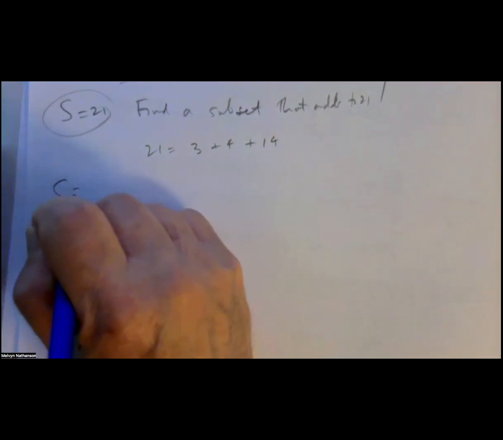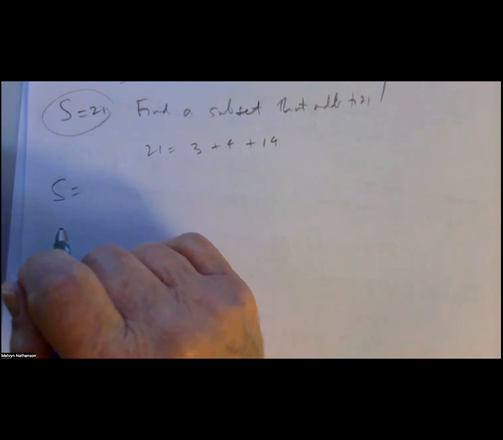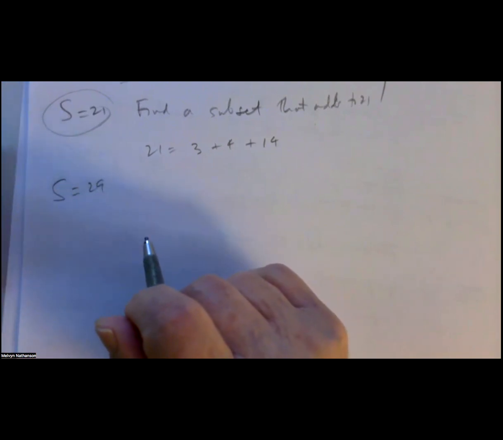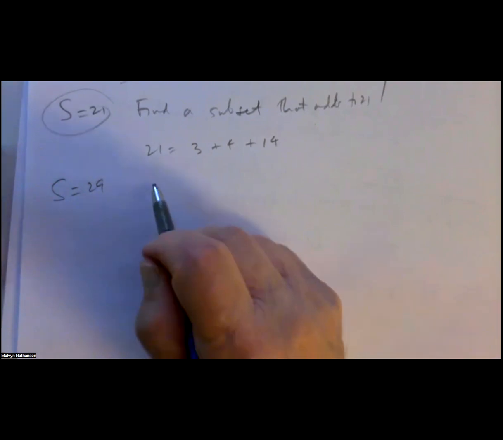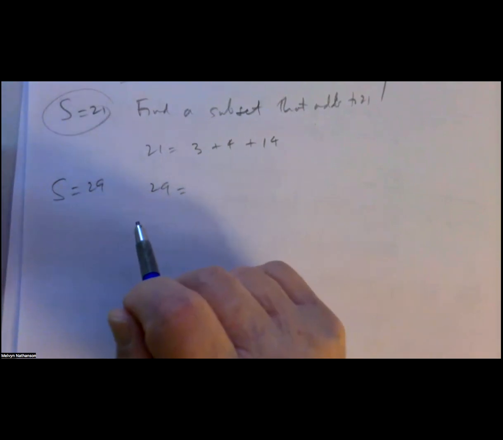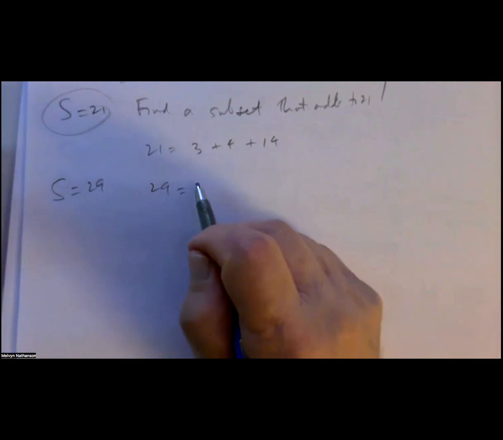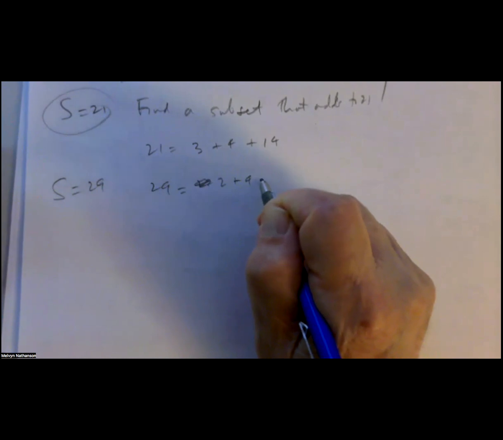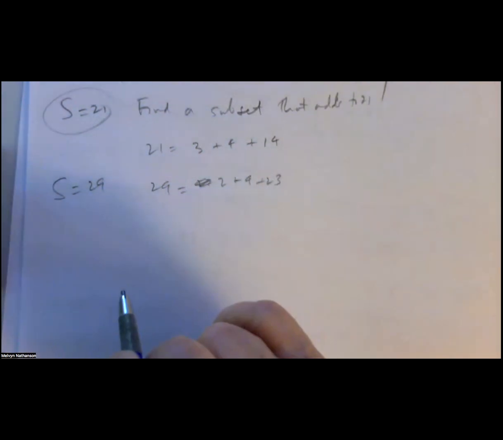Or say S is equal to 29. Let's see, 29 is 2 plus 4 plus 23.